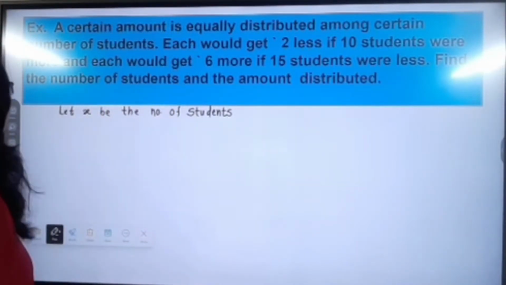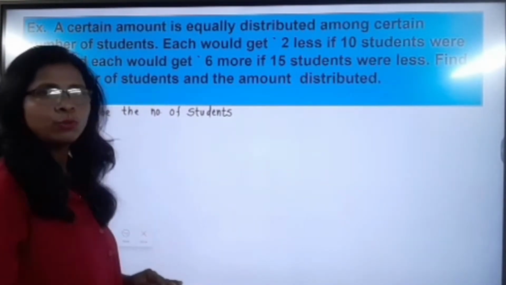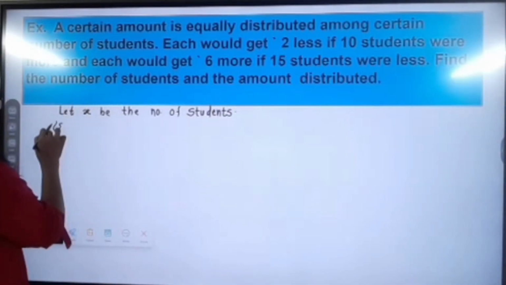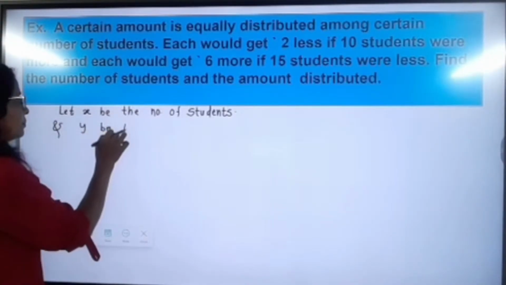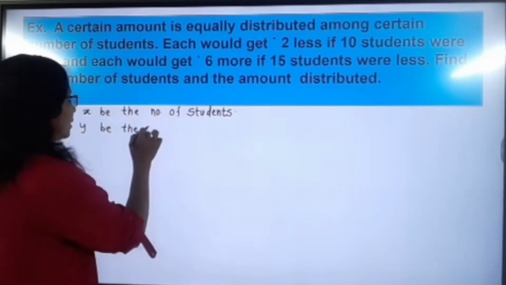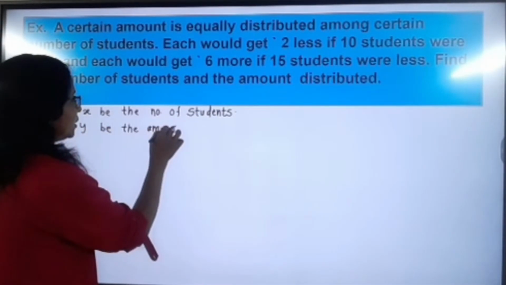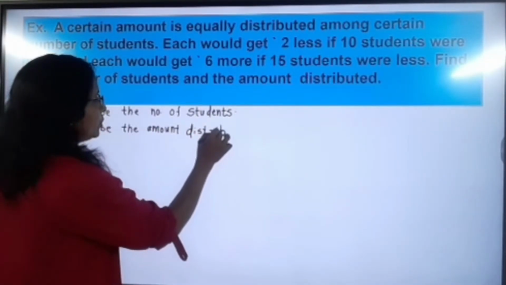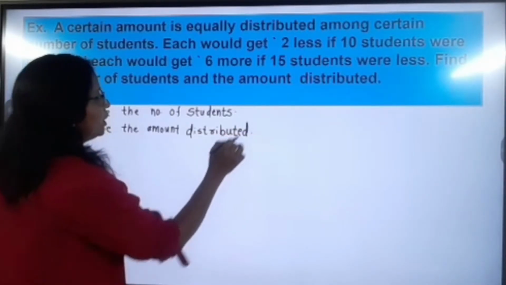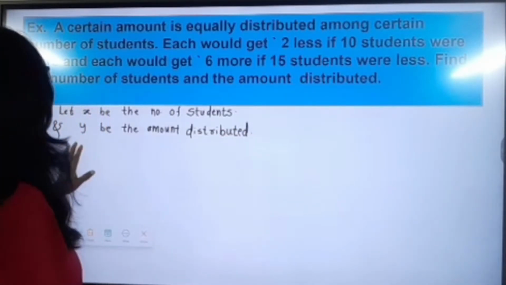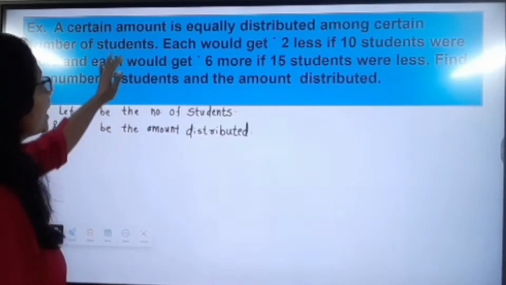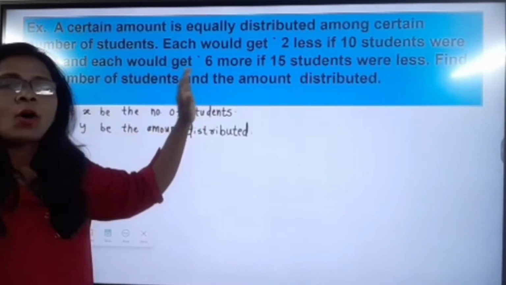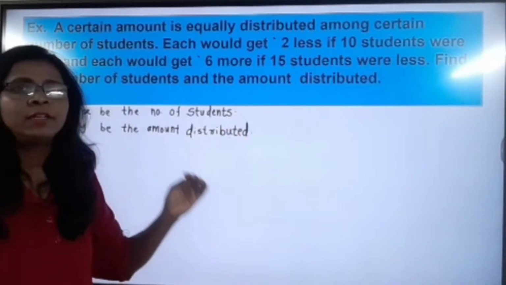So now here students, let x be the number of students, and let y be the amount distributed. Now as per the given condition, I try to generate the equation.